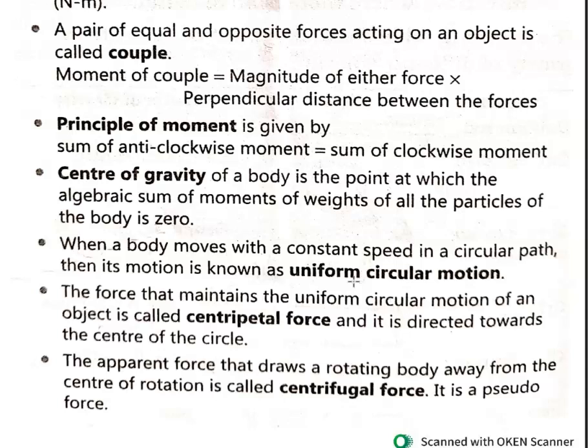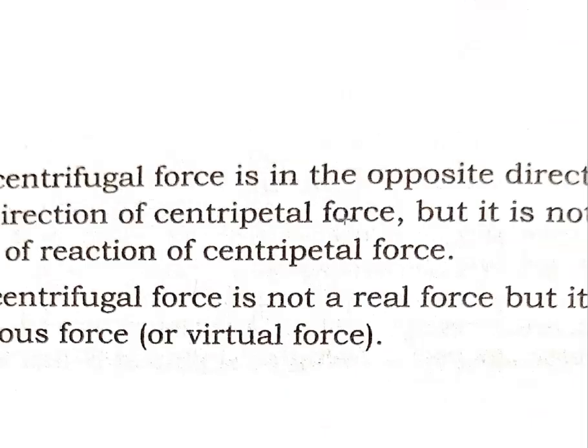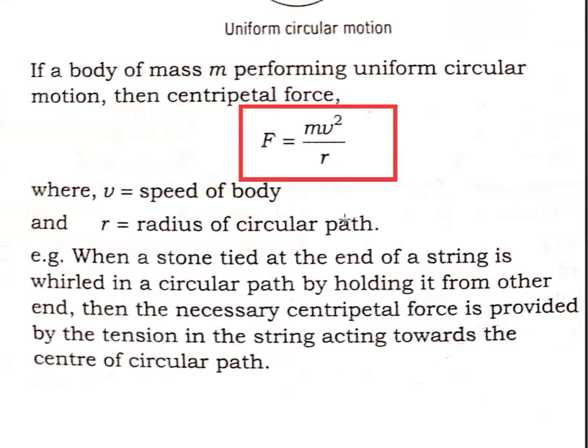There are many questions asked based on centripetal force and centrifugal force. There are many examples given where you are supposed to explain where is the centripetal force, where is the centrifugal force. So it is very important for us to remember that in terms of direction, both of them are opposite, but in terms of magnitude, both of them are equal. We just studied that the equation for centripetal force is F is equal to mv square upon r.